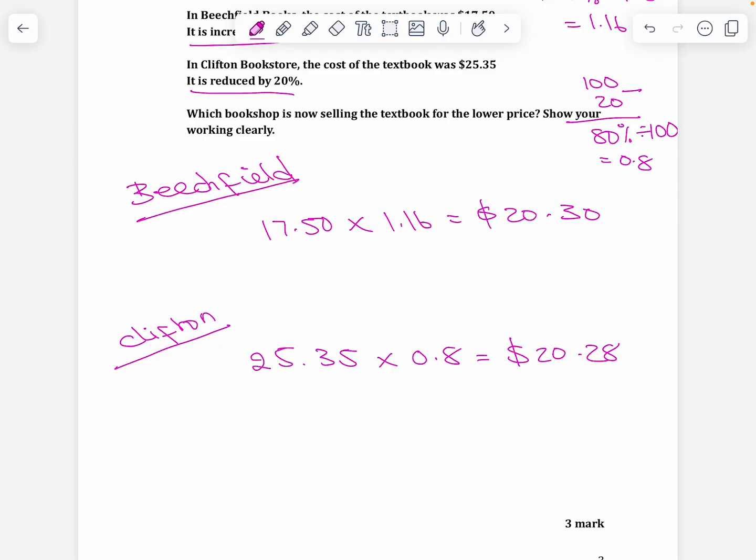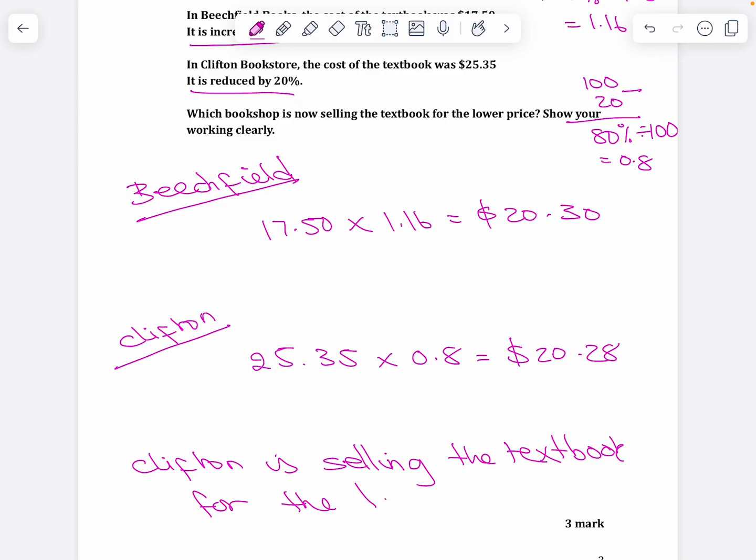And for the last mark, you need to put your answer. So you put Clifton is selling the textbook for the lower price. So you must remember to put your conclusion.